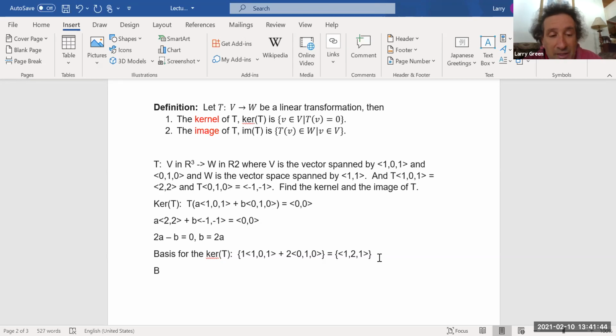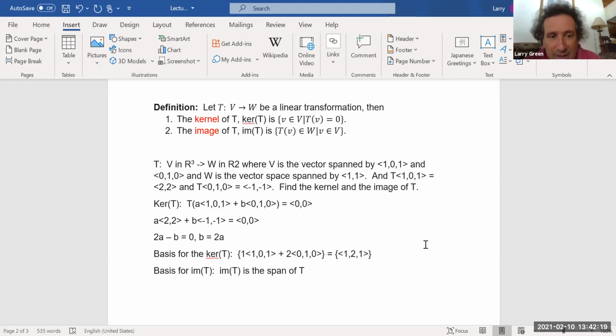Okay, now let's do a basis for the image of T. The easiest way to find a basis for the image of T is to realize that the image of T is the span of T of a basis.